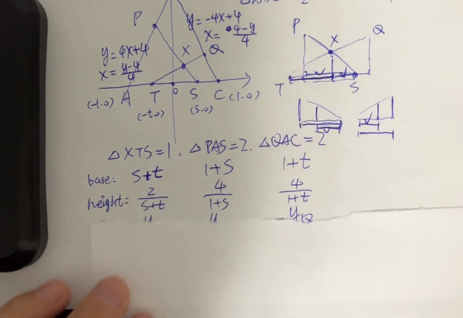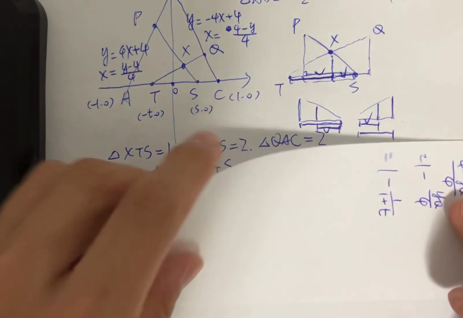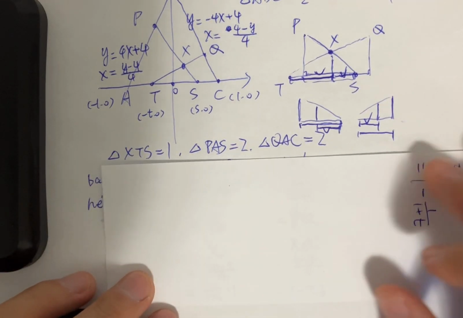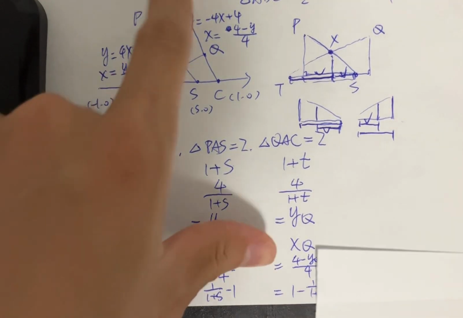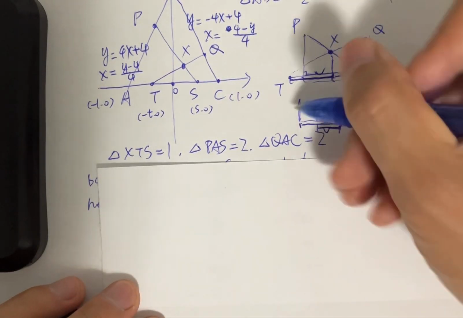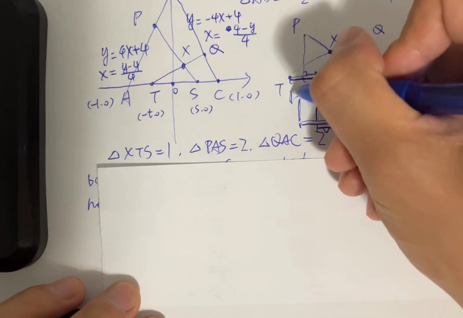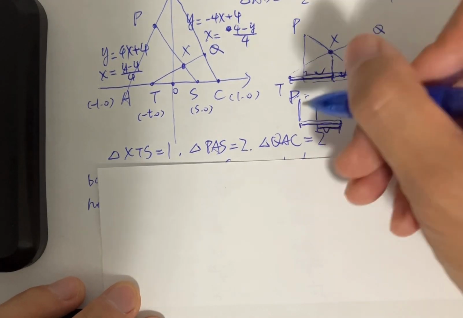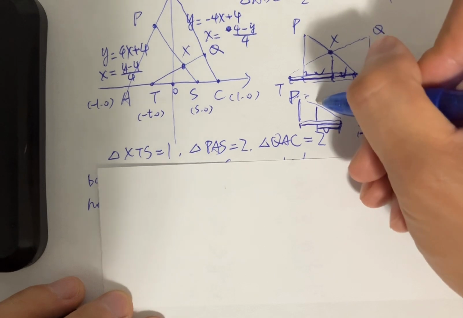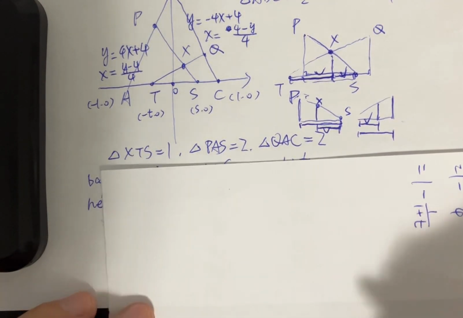Now let's have another look at this structure here. We can see everything and refer back whenever we need. We have the data here. Let's consider this part first. I'll put the letters on: this is P, this is X, this is S. So what's the ratio of similarity?